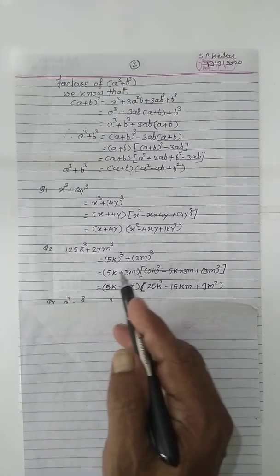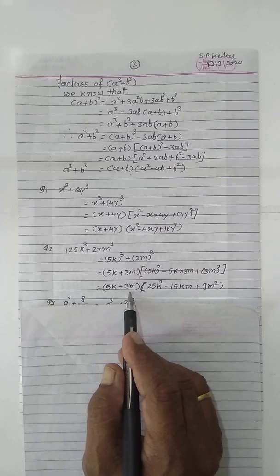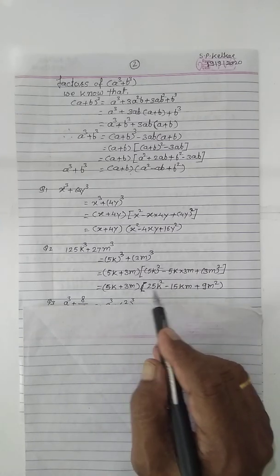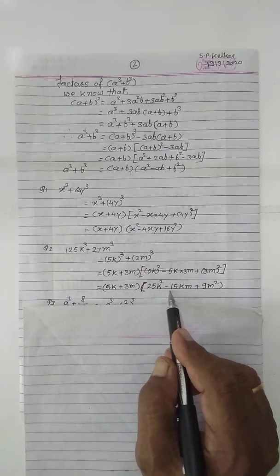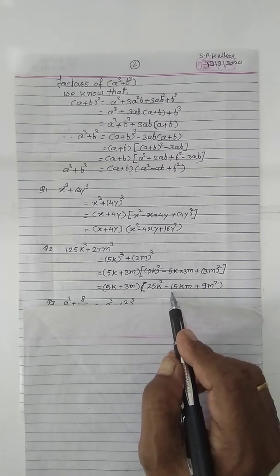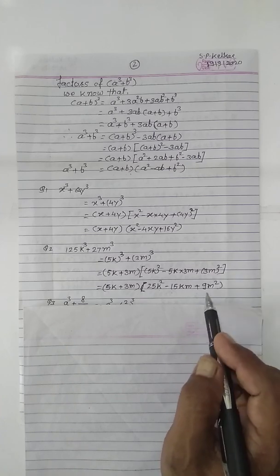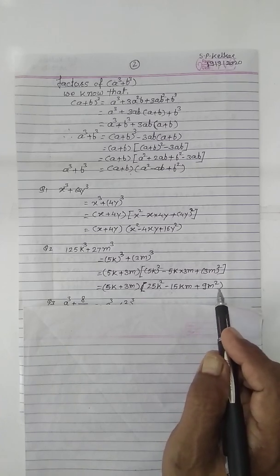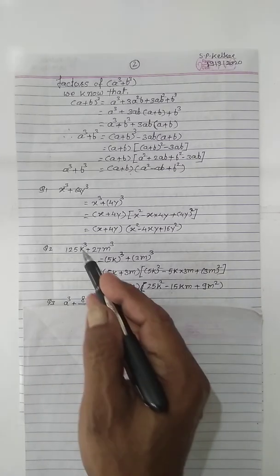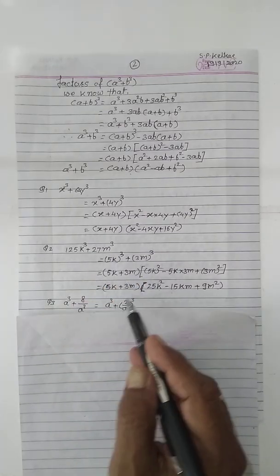Now the first bracket as it is, (5k plus 3m). The square of 5k is 25k square, minus 5 into 3, which is 15km, plus the square of 3m, which is 9m square. In this way we find the factors of this quantity.